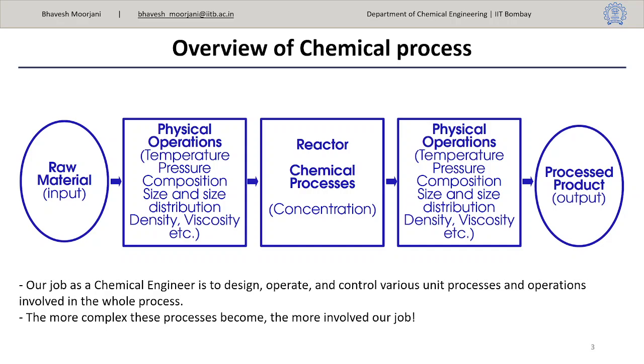Let's say I want to heat my process fluid from 30 degrees centigrade to 70 degrees centigrade. We have a heating fluid available, let's say steam at 5 bar pressure and 150 degrees centigrade.